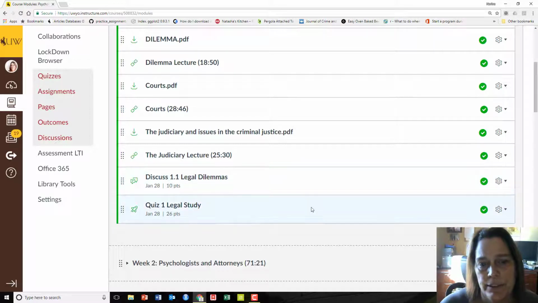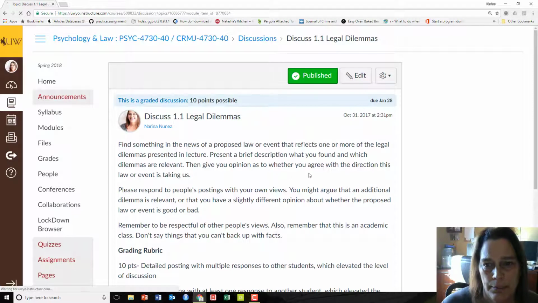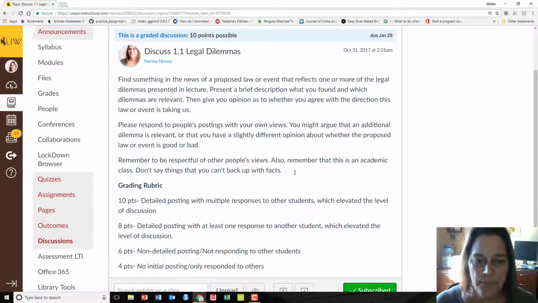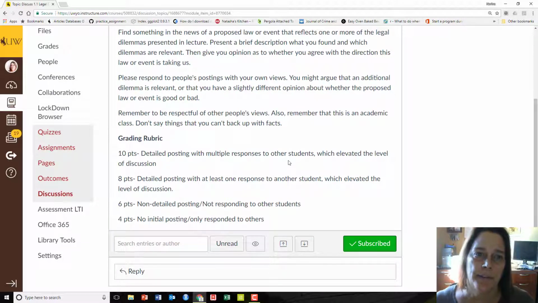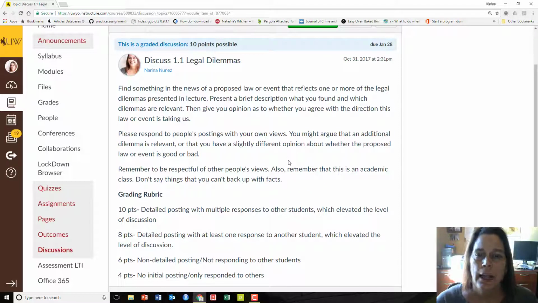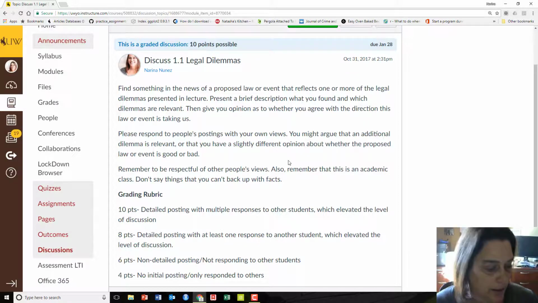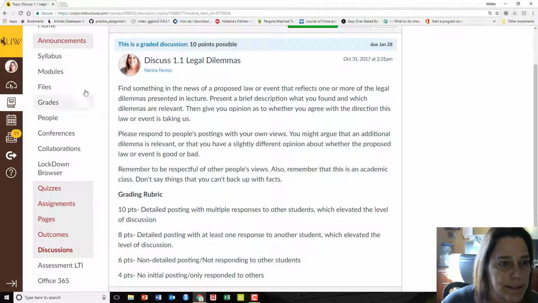What you'll also see in some weeks are these discussions. So in week 1 there is a discussion. The discussions are all worth 10 points. Here are the instructions for the discussion, and you simply respond to whatever the instructions are and discuss with the people in class. Again, I can't remember how many discussions there are in this class.